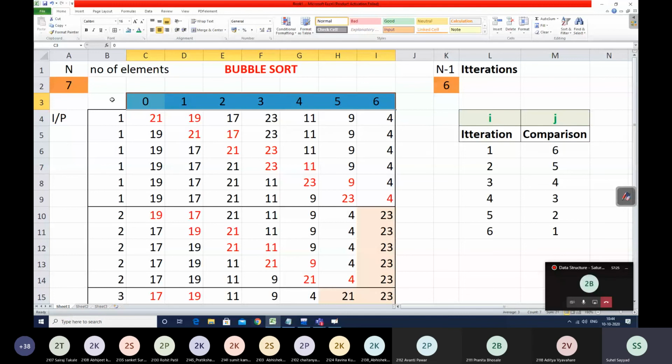On these indices, now our logic of i and j is going to execute, where i will be for iterations and j will be for comparison. The outside loop will be for iteration, that is for i, and the inside loop will be for the comparison, which will be for j.